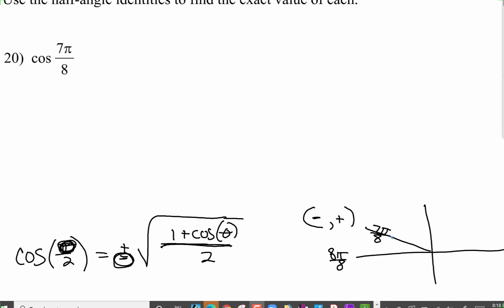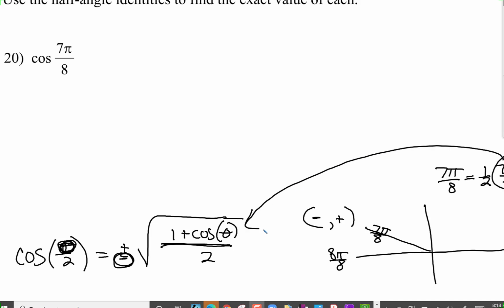But 7 pi eighths, remember, is 1/2 of 7 pi fourths, right? So 7 pi fourths will be the theta that we use, and 7 pi fourths actually happens to be on the unit circle, which is cool because right there we can see cosine value is positive root 2 over 2.